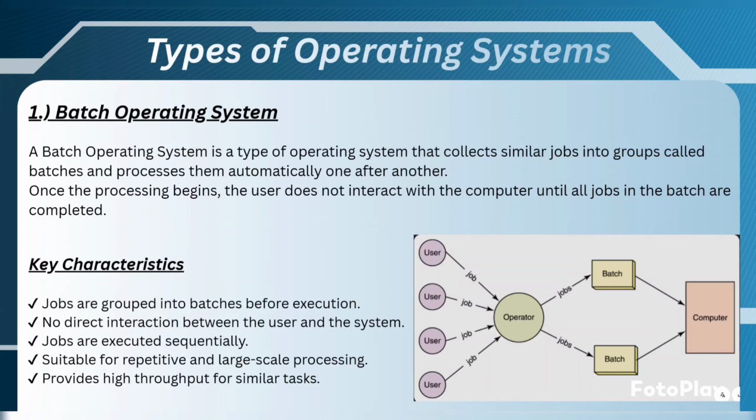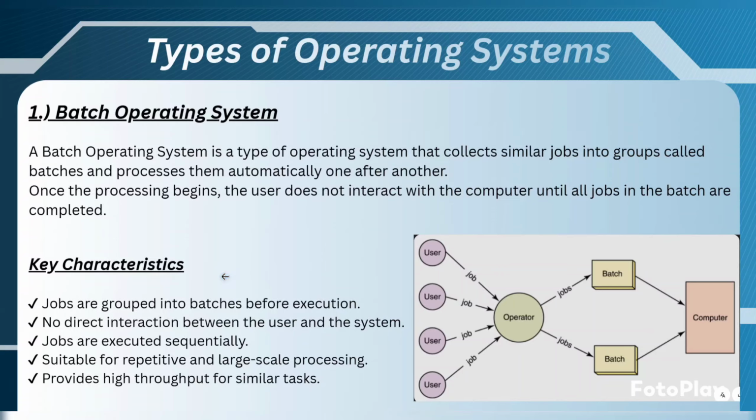Another common example is salary processing in a company. At the end of every month, thousands of employee salaries are calculated together instead of individually. This is exactly how a batch operating system works.